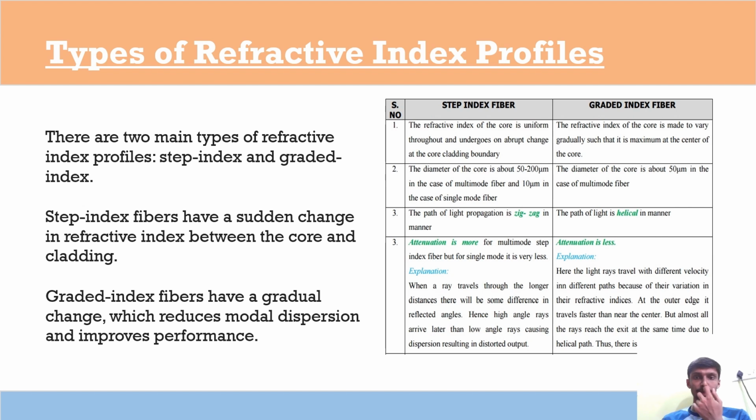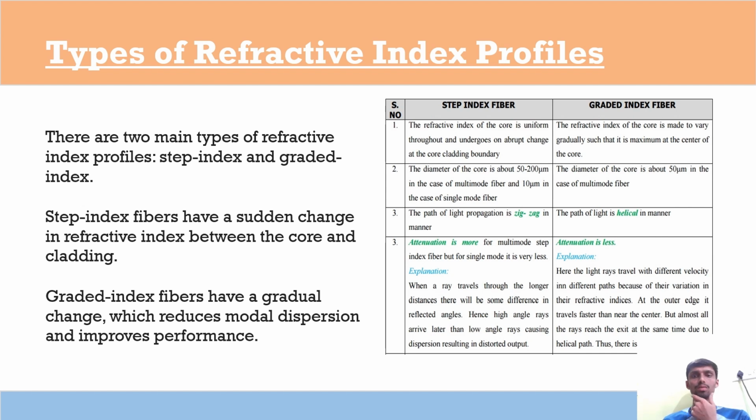These are some differences between step index and graded index fibers. In step index, the refractive index of the core is uniform throughout and undergoes abrupt changes at the core-cladding boundary. Coming to the graded index, the refractive index of the core is made to vary gradually, such as maximum at the center of the core.